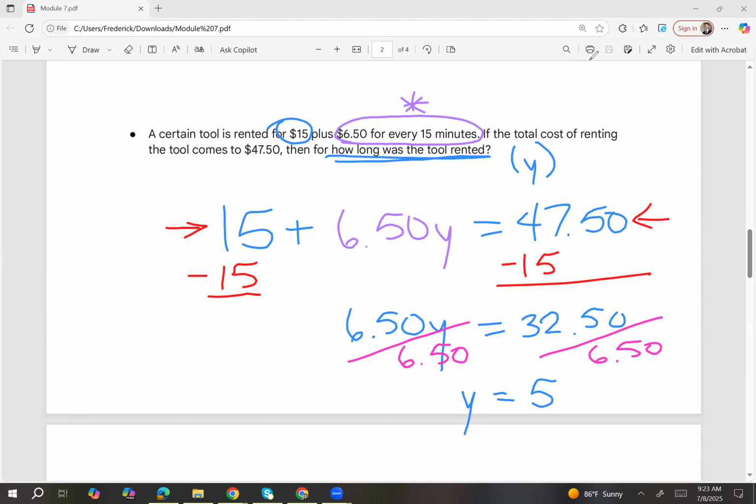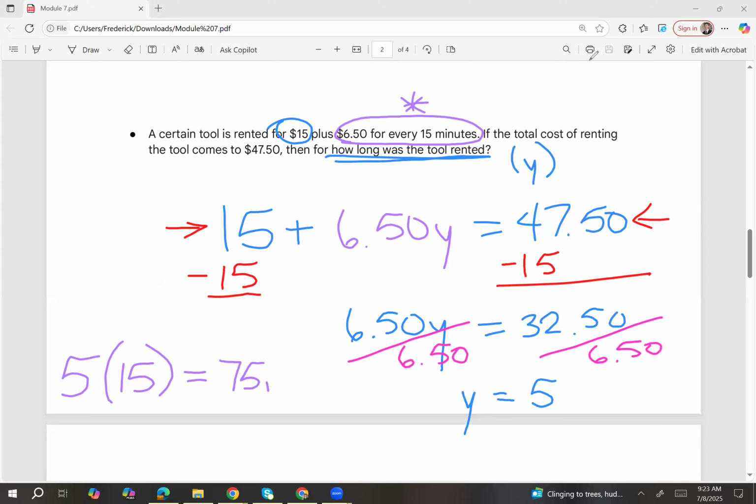So I've got one last step here to say that we had 5 intervals of 15 minutes. So 5 times 15 minutes. Take your calculator and confirm for yourself that you get 75.